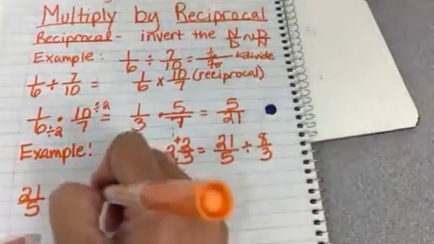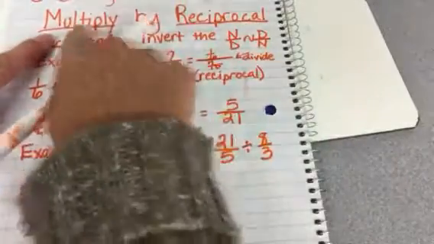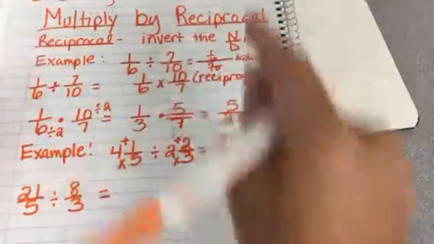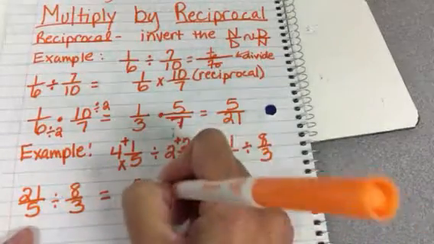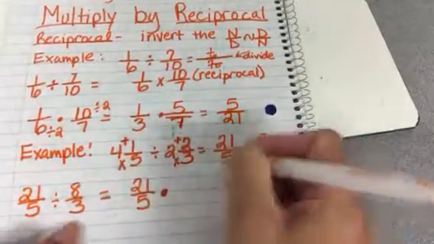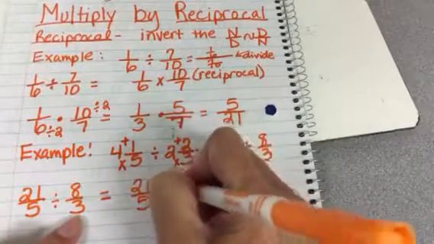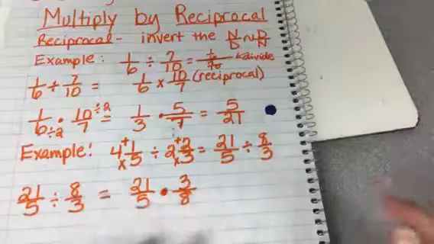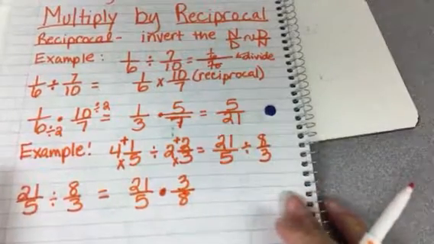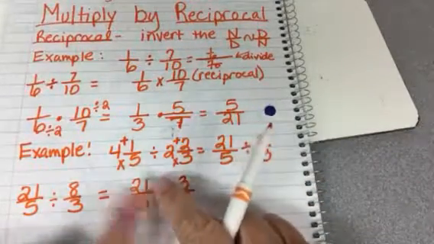Okay, so now I need to follow my rules of multiply by the reciprocal. So the 21/5 stays the same. I change my operation to multiply, and then I use the reciprocal.